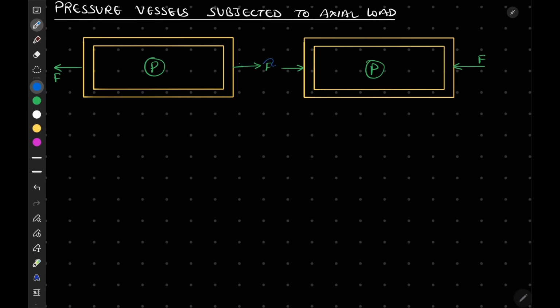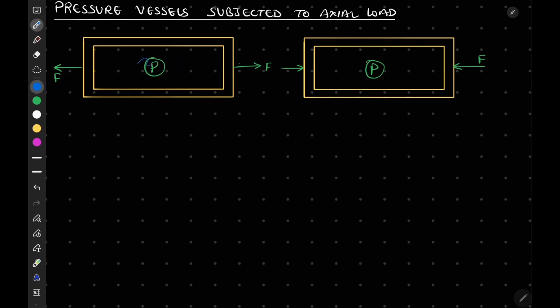Now if I want to calculate the longitudinal and hoop stress, in case a tensile force or axial pull is applied, then due to the axial pull the pressure of the internal fluid decreases. If you pull it, its volume increases, and the gas or fluid has more space to move.